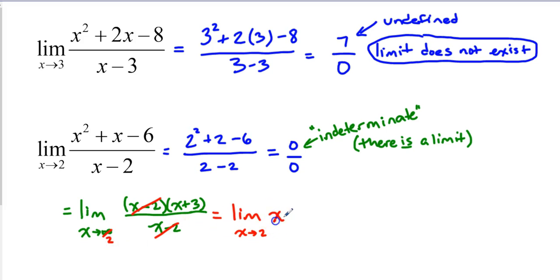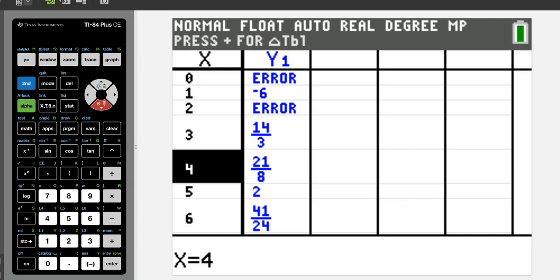As x approaches 2 of the x plus 3 expression, that's just simply 5, right? 2 plus 3, 5. So there's our limit. We can check this by grabbing our graphing calculator and seeing if on either side of that function we have a value that gets pretty close to 5. This will be a pretty powerful technique.